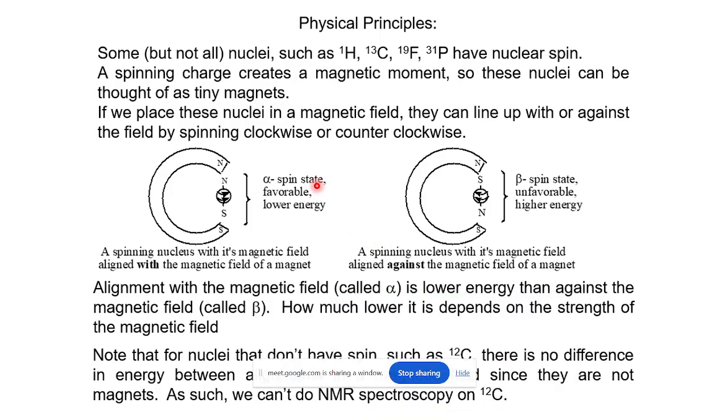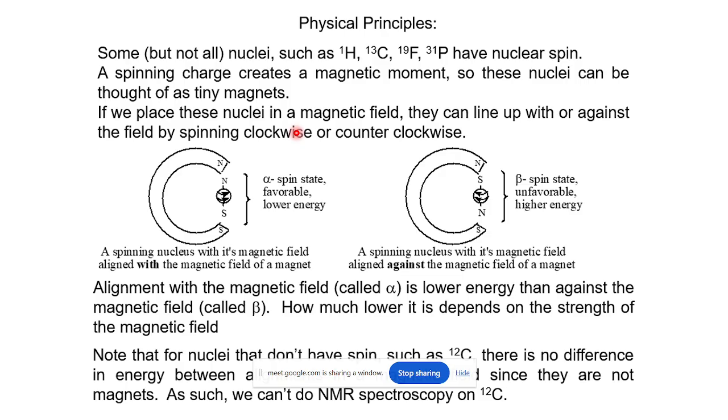Now a spinning charge creates a magnetic moment, as I said, and that spinning charge we can assume as a tiny magnet. Since it is generating a magnetic field, we can assume that species as a very small magnet.